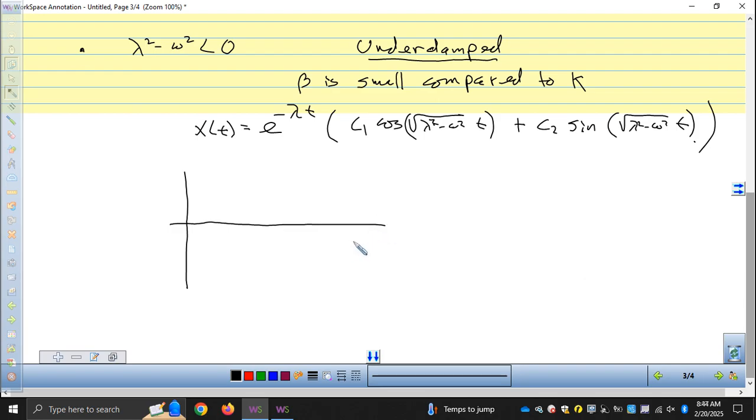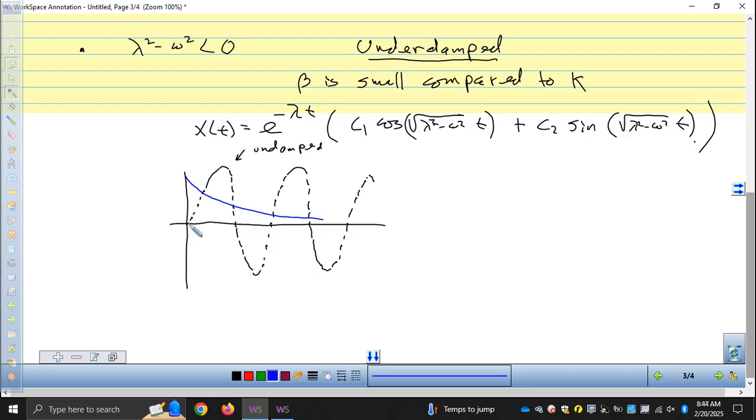And I'm going to graph this. This would be undamped motion. So undamped, we just get nice oscillation. For underdamped, we would have some kind of decaying exponential.